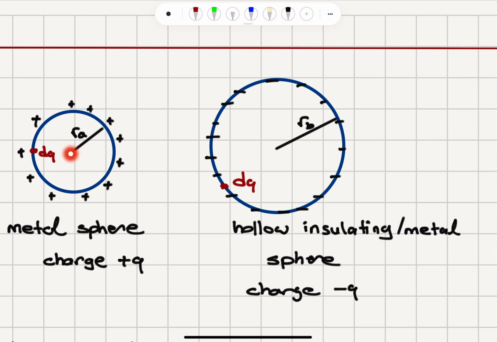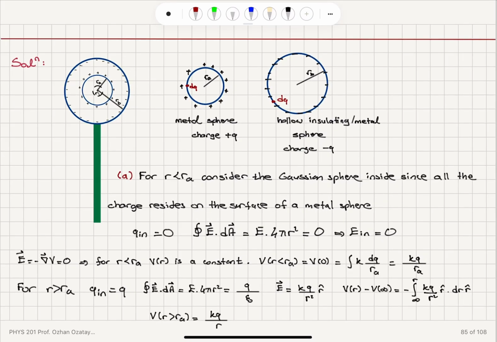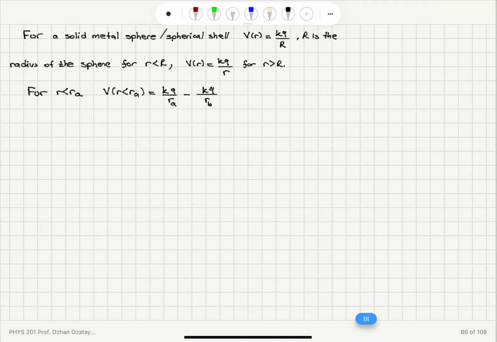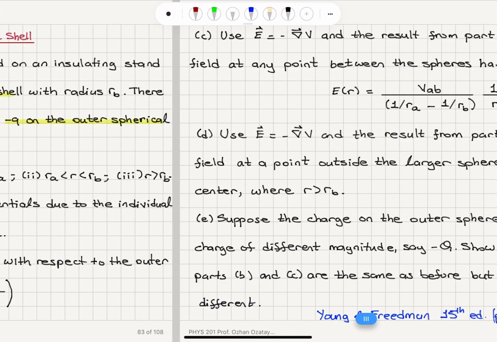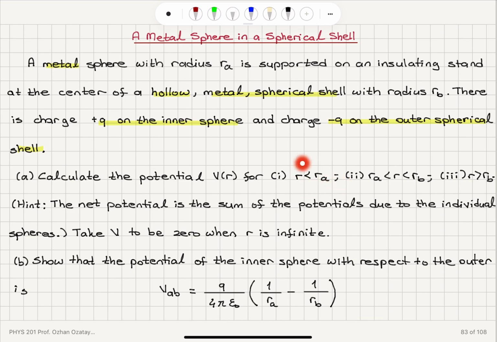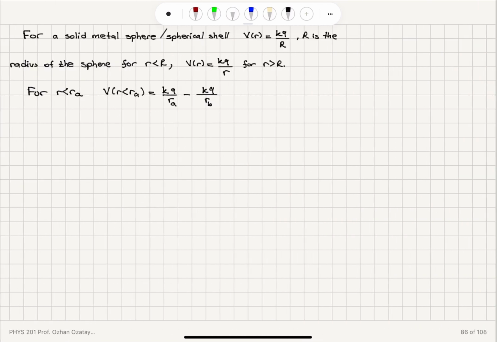Here it's plus kq over r sub a. Because the potential inside the metal should be a constant, I would say that this is equal to the potential kq over r sub a minus kq over r sub b. So that's the answer to the first part, the first region, that is r less than r sub a.